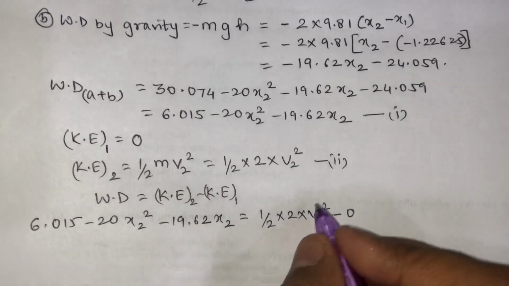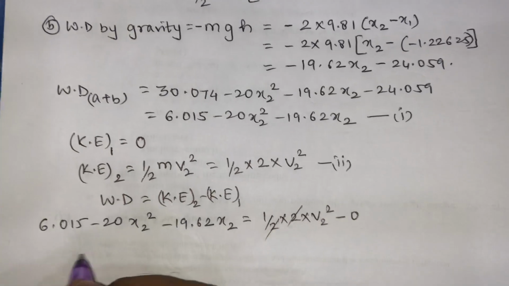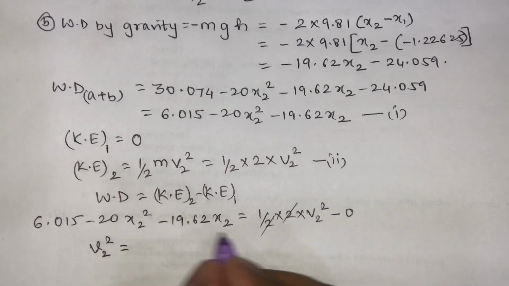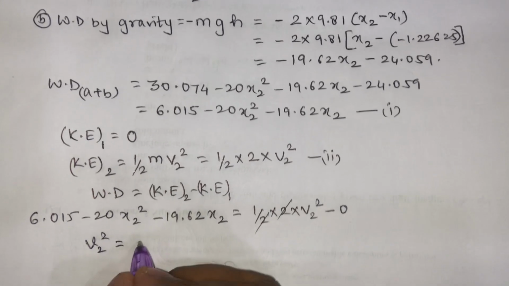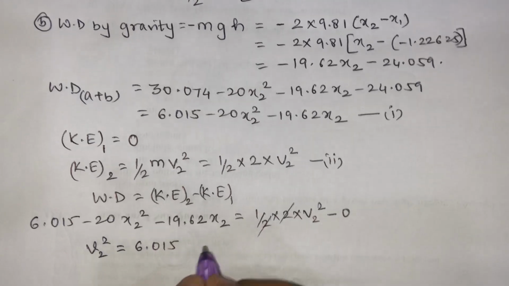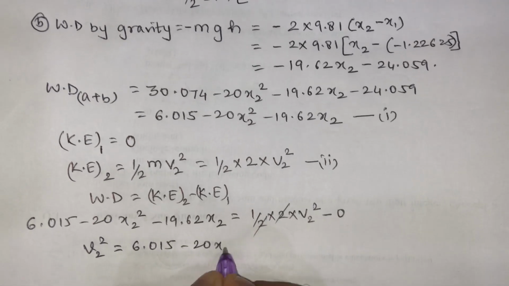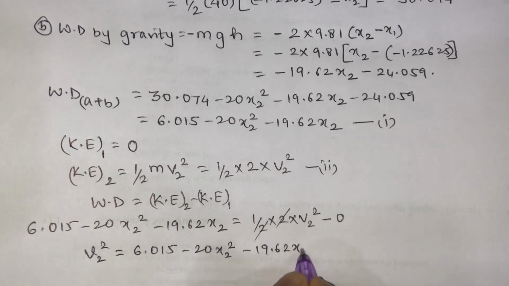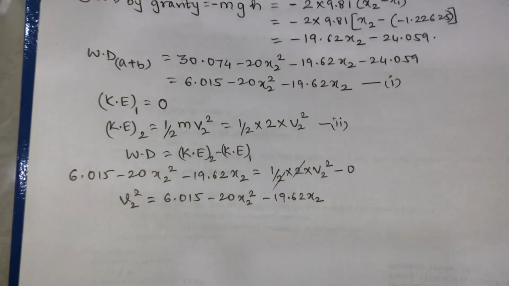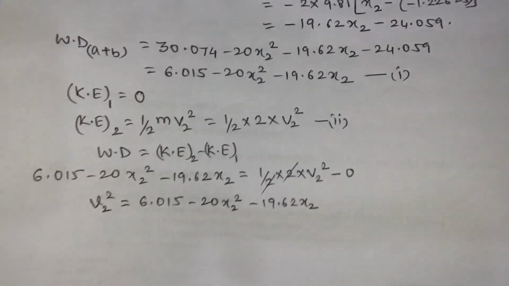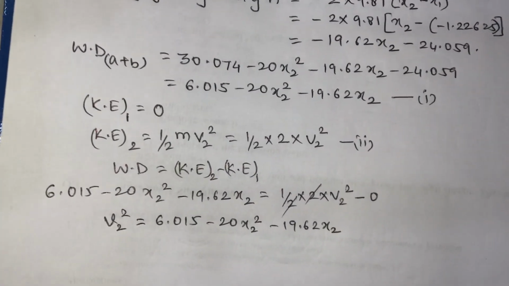If we equate these two, the 2 gets cancelled, and v2 square you'll be getting in terms of x2, and that will be 6.015 minus 20 x2 square minus 19.62 x2. This is the equation we'll be getting in terms of x2 for v2.